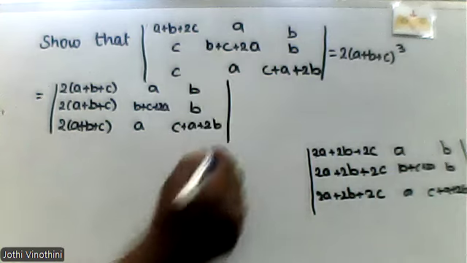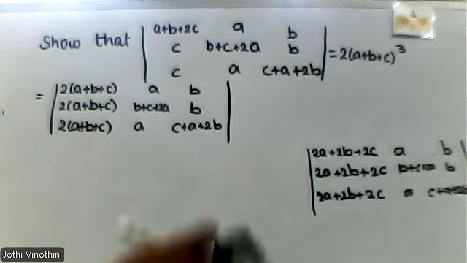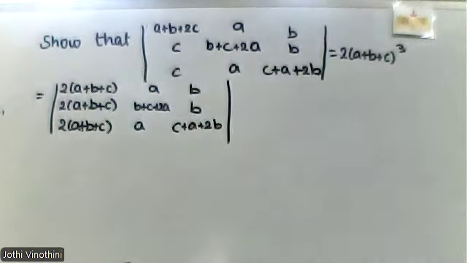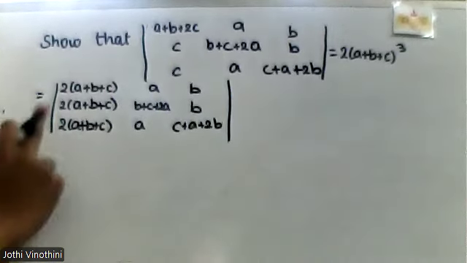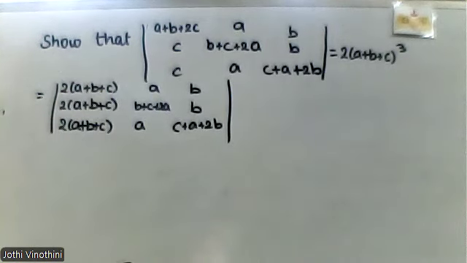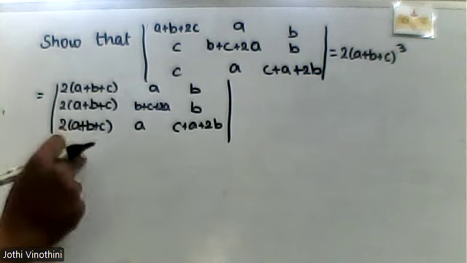Now I am going to take this term, 2 multiplied by (a plus b plus c), from C1 as common.